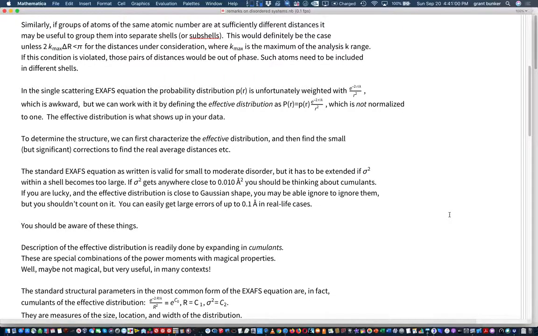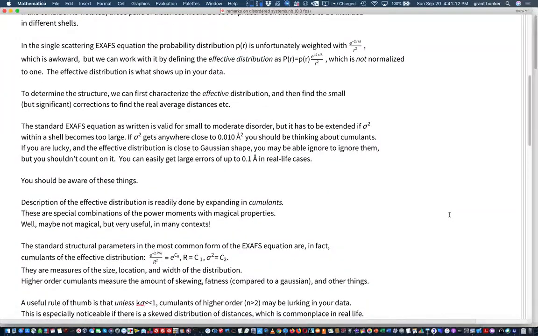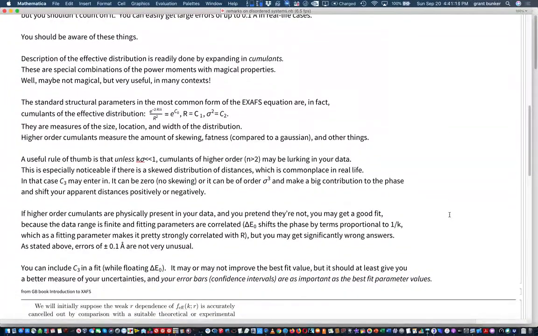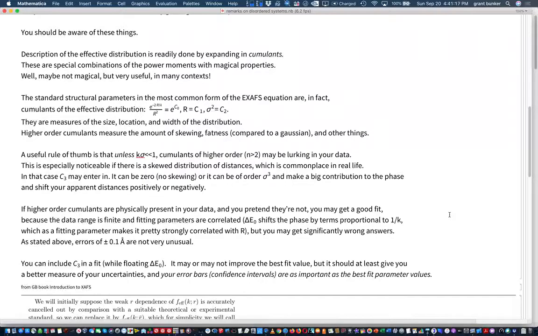For example, on the order of 0.1 angstroms, certainly several hundredths of an angstrom, plus or minus, if they're present in your data and you pretend that they aren't. So this is something you really have to be aware of. It's not some sort of weird boutique, obscure thing. You can get wrong answers if you don't pay attention to this stuff.